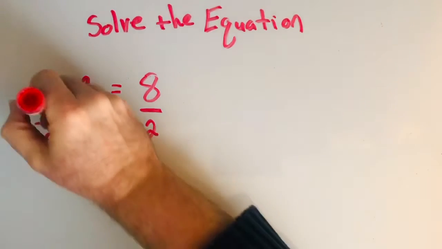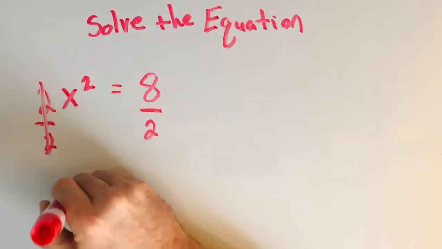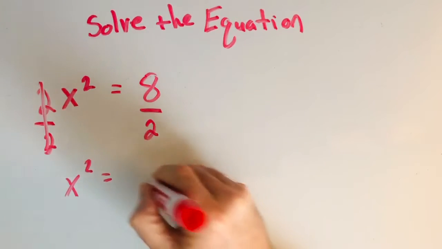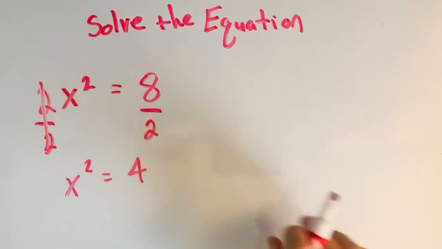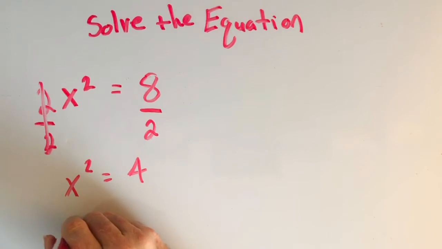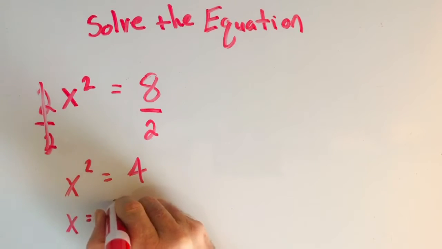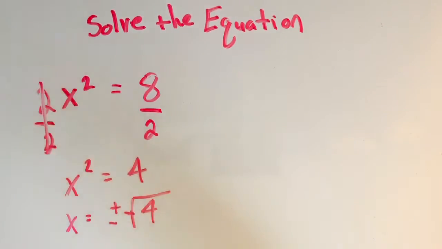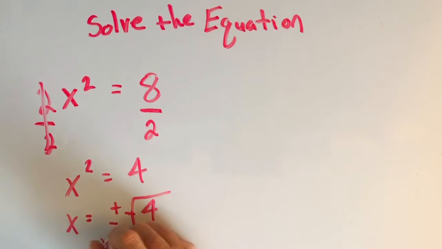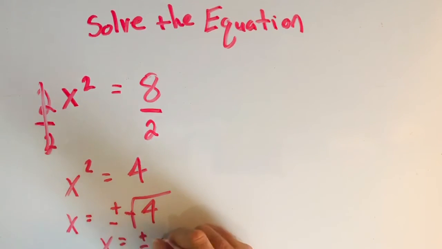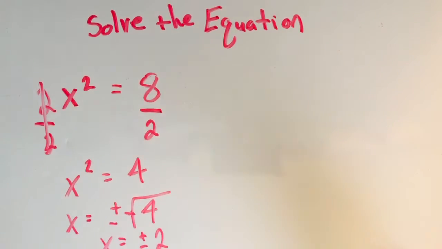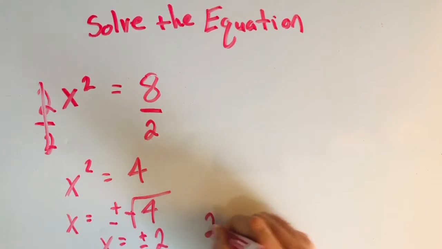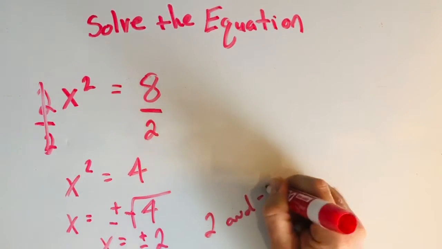So that cancels here, and that gives me x squared is equal to 4. That means that x is equal to plus or minus the square root of 4. So x equals plus or minus 2, or that could be written as 2 and negative 2.